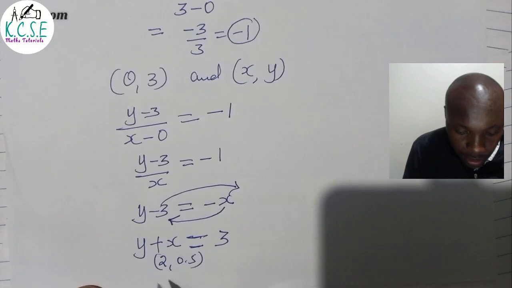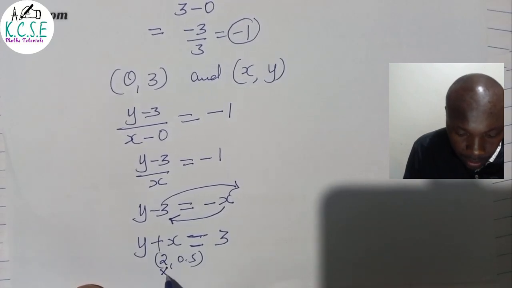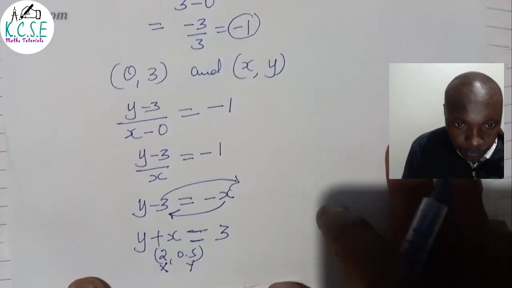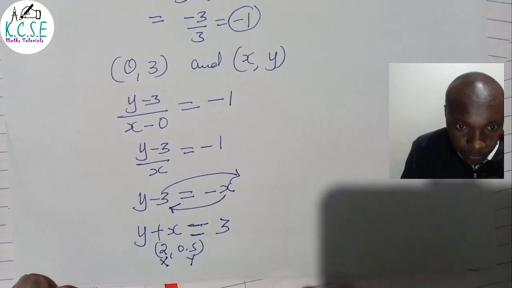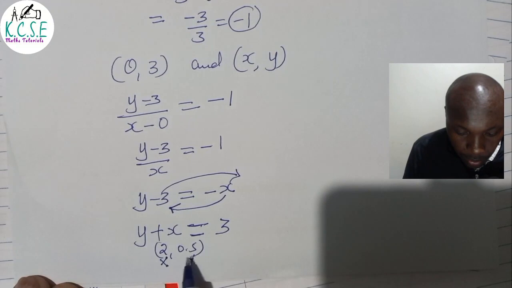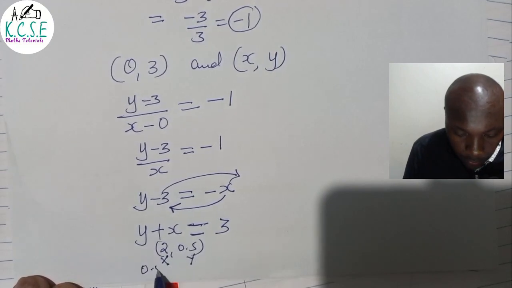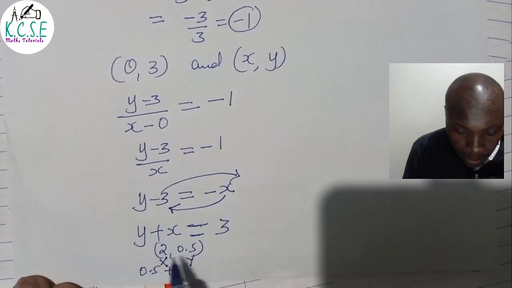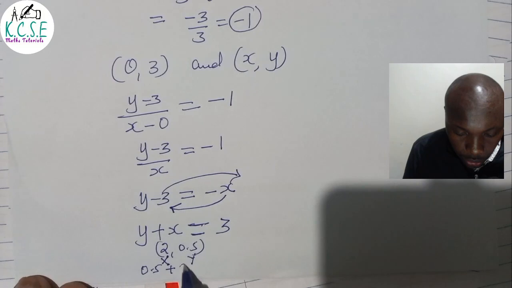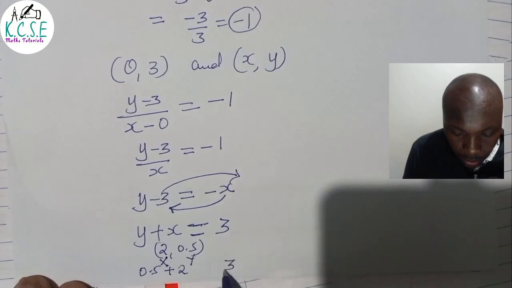Then you can test this. x is 2, then y is 0.5. So using that, I can substitute them. 0.5 plus 2, compared with 3.